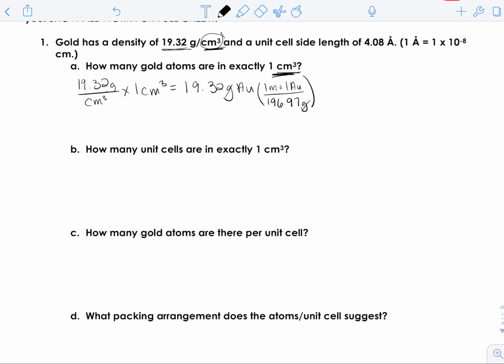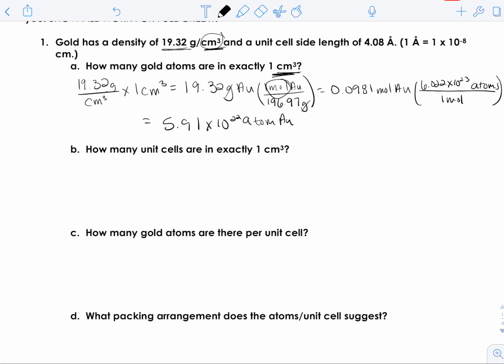That'll cancel out our grams, leave us with 0.0981 moles of gold. And then using Avogadro's number, we can go from moles of gold into atoms of gold. So 6.022 times 10 to the 23rd atoms of gold per mole. We get a total of 5.91 times 10 to the 22nd atoms of gold.